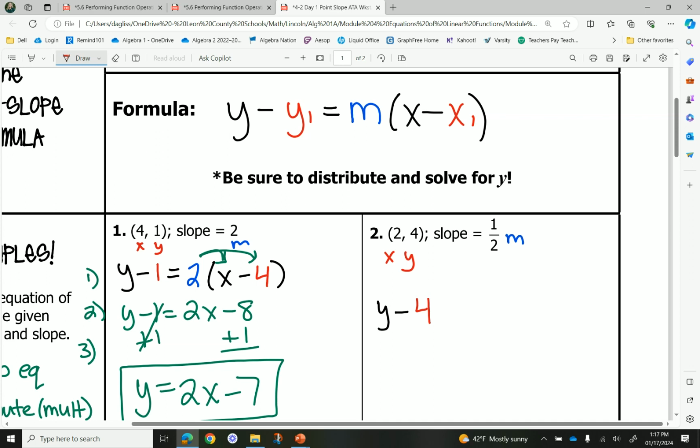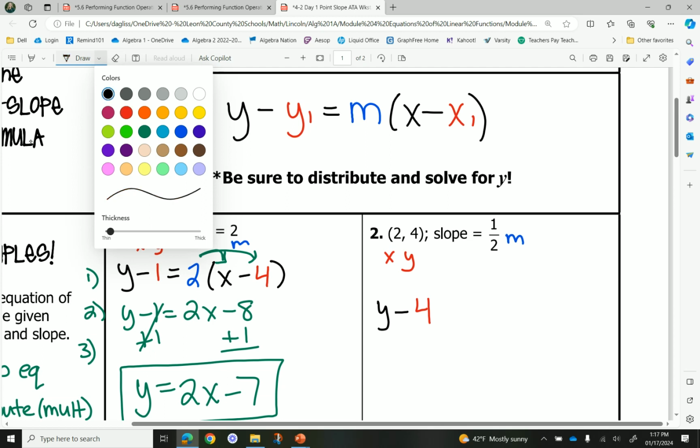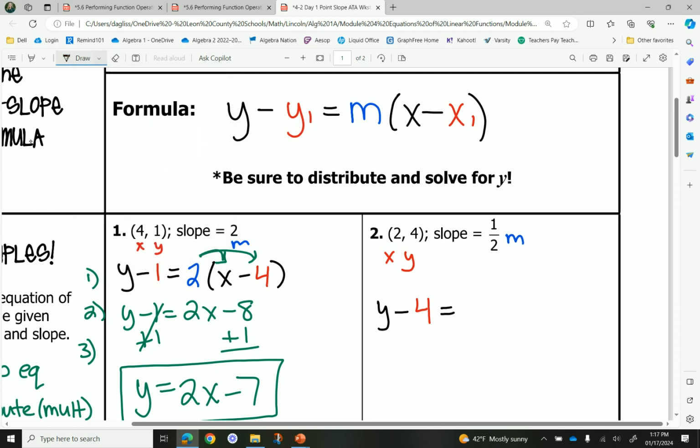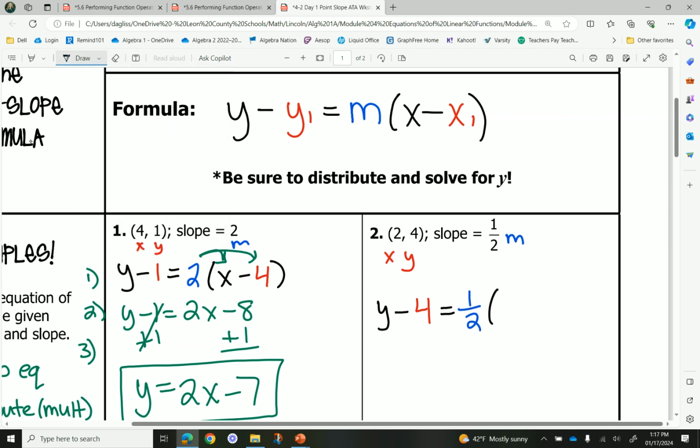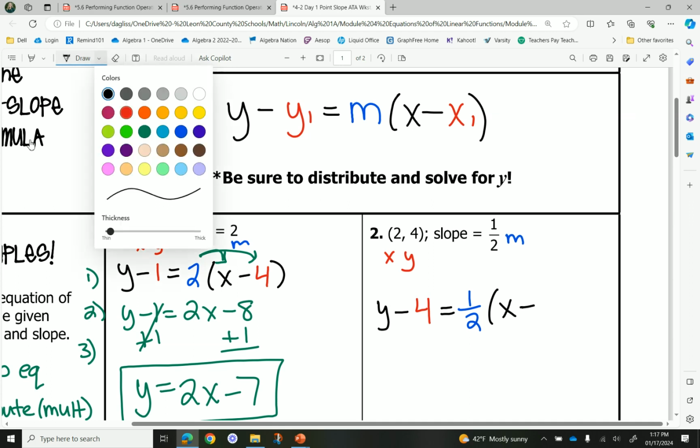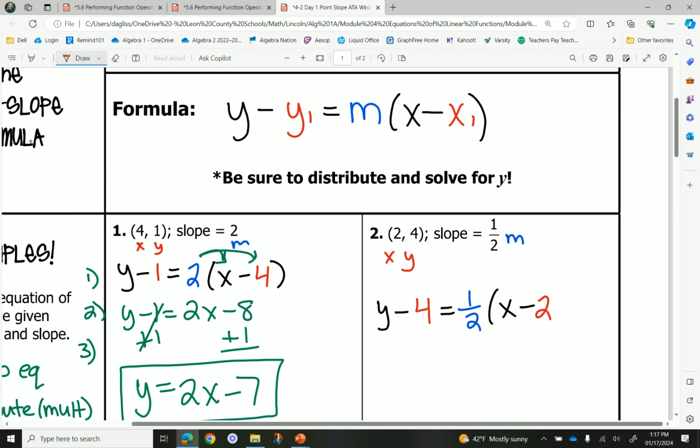So y minus 4 is equal to 1/2, x minus 2. Remember, what I'm writing in black will always be there. The red you'll put in, and the blue you'll put in.